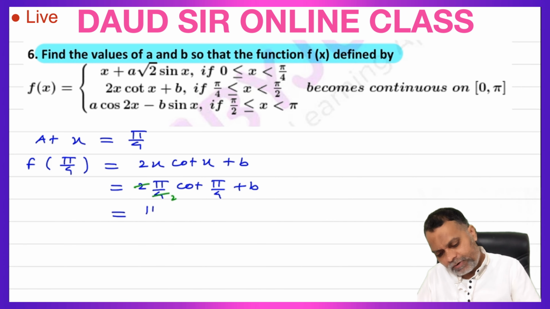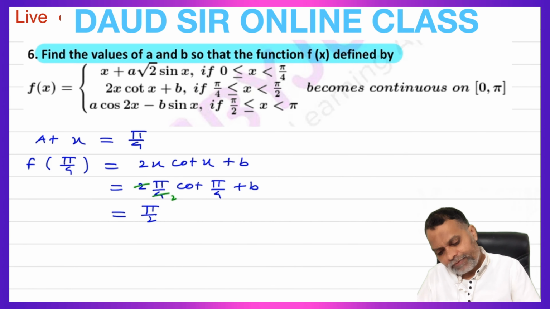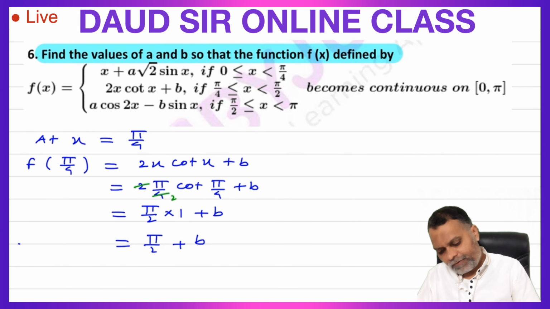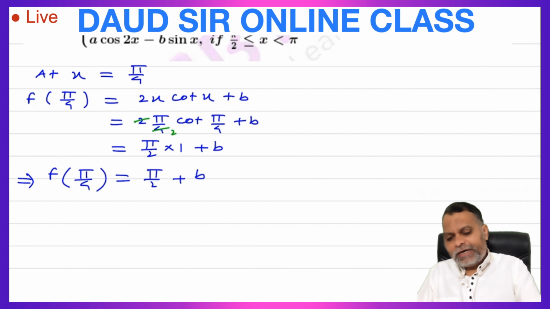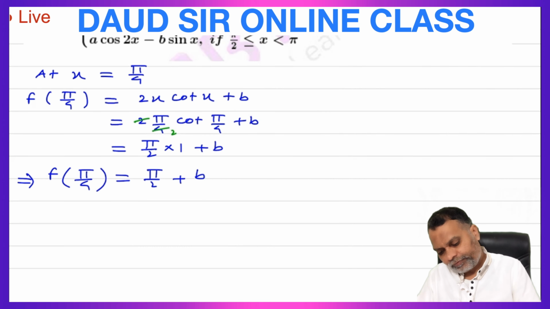This is pi by 2, and cot 45 is 1, so plus b is equal to pi by 2 plus b. So f of pi by 4 is equal to pi by 2 plus b. Now the left hand limit, at x less than pi by 4.